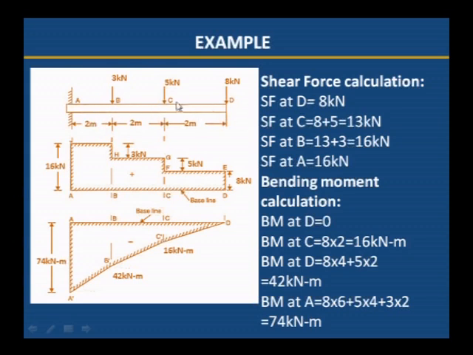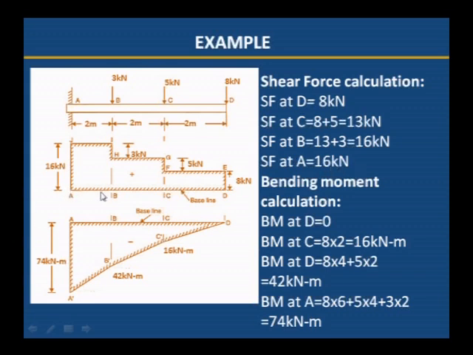Now I am considering the right side section, whatever load is acting. Next move towards A. Shear force at A: 8 kilonewton plus 5 kilonewton is 13, plus 3 is 16, plus any other load. No load is there, therefore total shear force is 16 kilonewton.